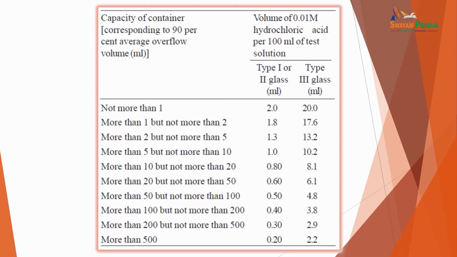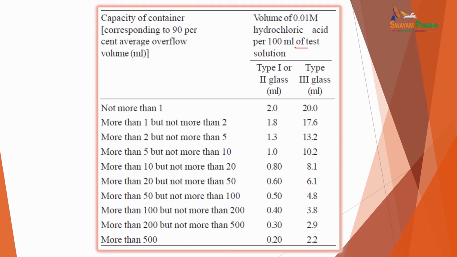The maximum volume of 0.01 M hydrochloric acid per 100 ml of test solution is mentioned for type 1, type 2 and type 3 glass. For type 1 and type 2 glass, this column is giving the volume of 0.01 M HCl, while for type 3 glass this column is giving it.